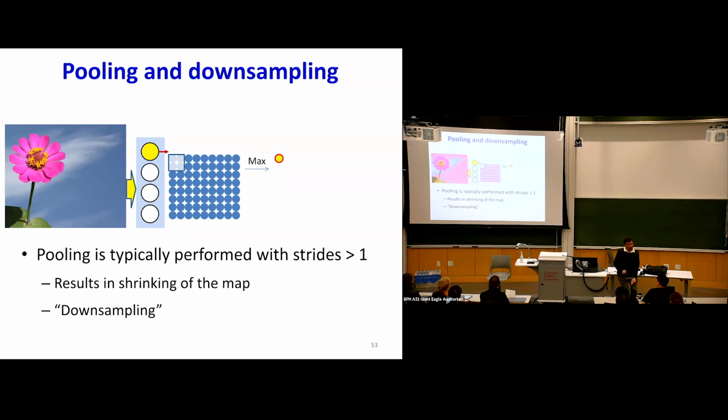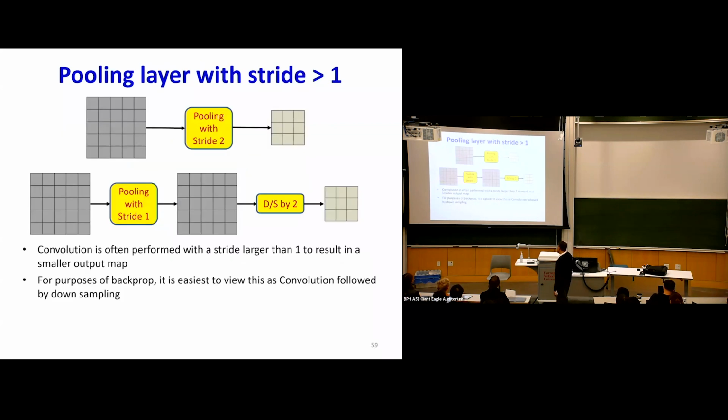So typically pooling is performed with a stride greater than 1, let's say 2 in this case. But again, it's convenient to write all of your operations, whether it's back propagation through pooling or through convolution, as what you would do with a stride of 1, because that is conceptually very simple.